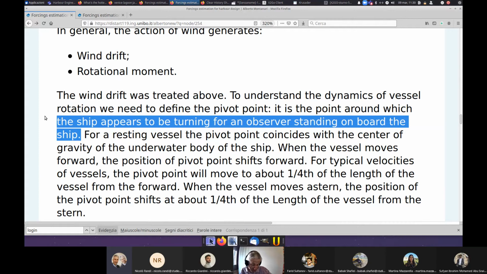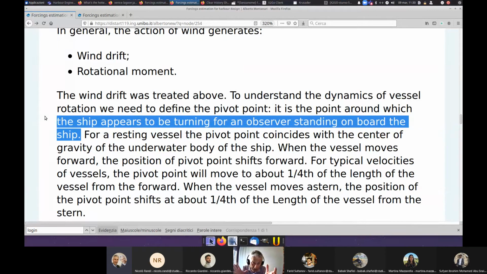So what does this mean? If you get a rotation of a vessel, it is because you get a moment acting on the vessel, originated, for instance, by a wind force acting on the ship, and under some conditions, the wind force may generate a rotation.